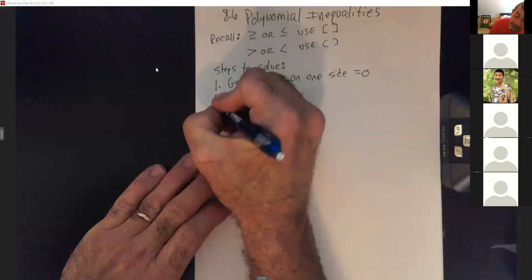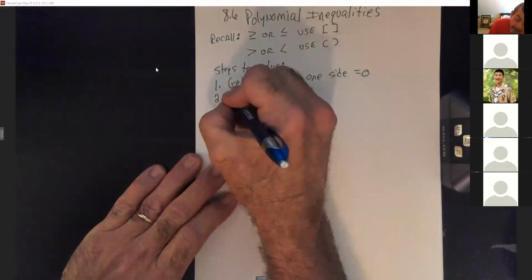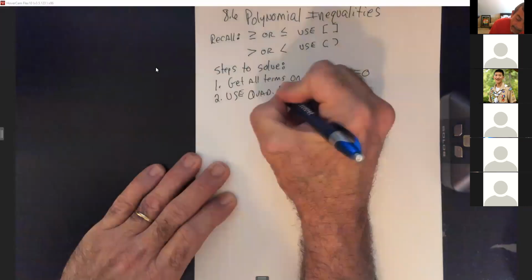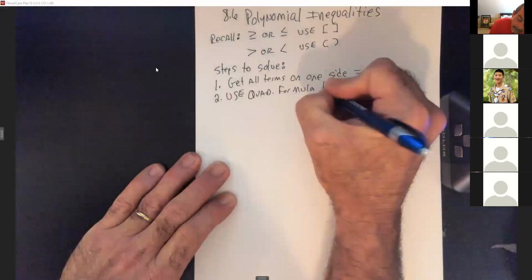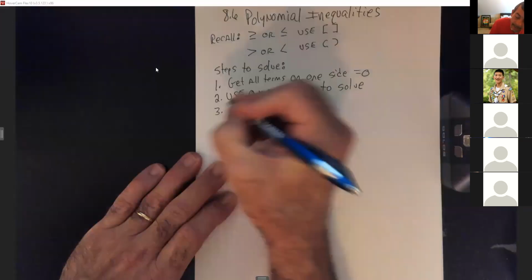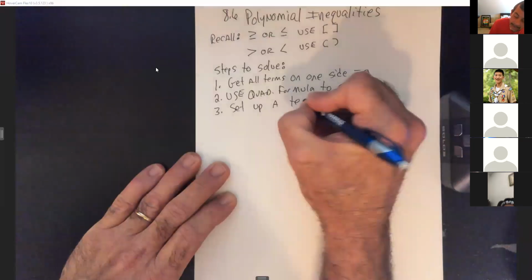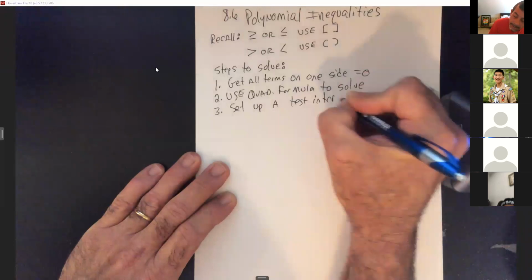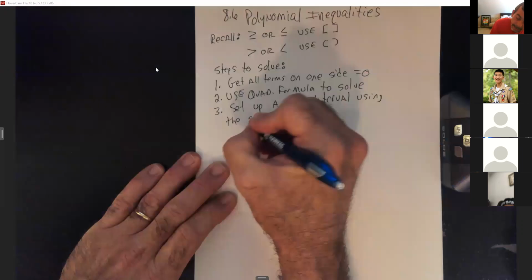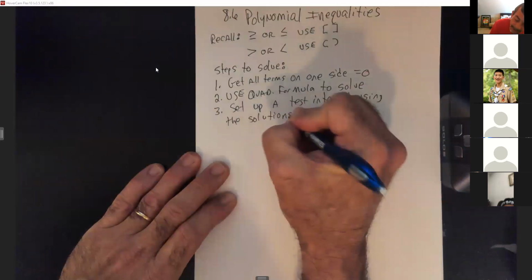At that point, you want to solve your polynomial. So use the quad formula to solve. Then we're going to set up a test interval using the solutions. So that's going to be something like this.